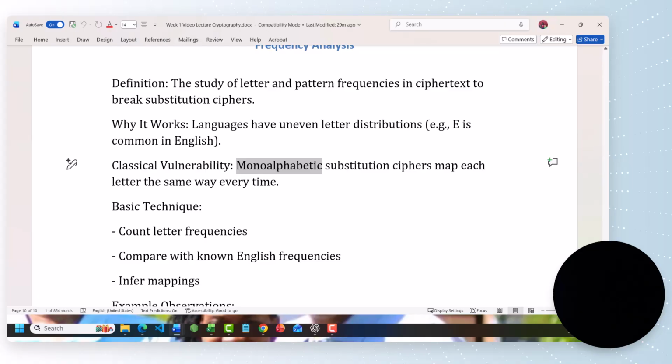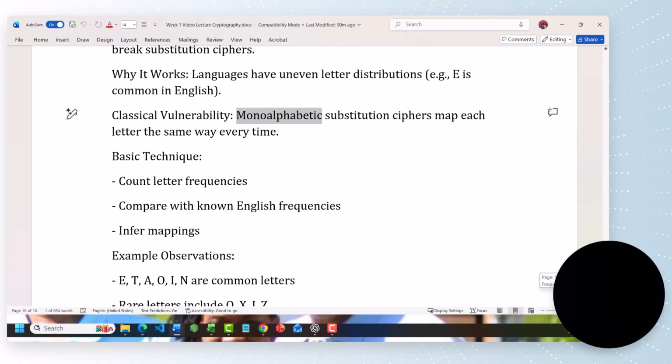At some point, I might get to enough of the message to figure out what it is without having to know the entire message. So the basic techniques are: count letter frequencies, compare to known English frequencies, and infer mappings based on what I see and what I can deduce.